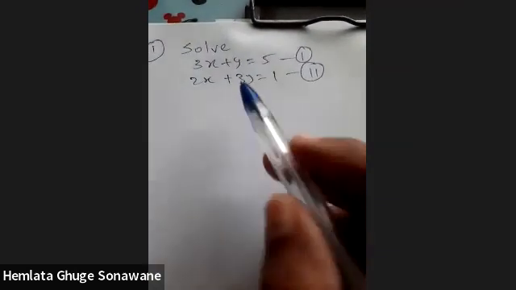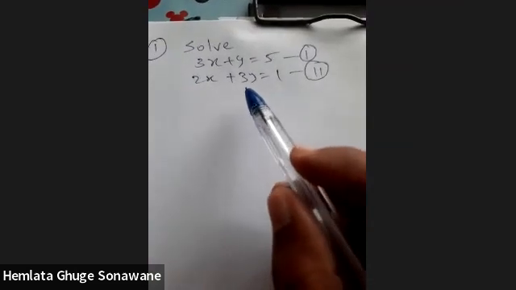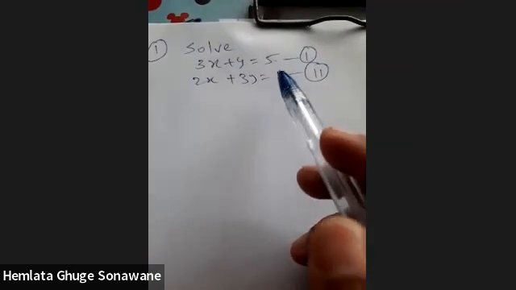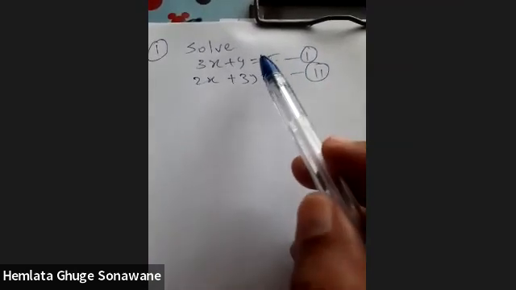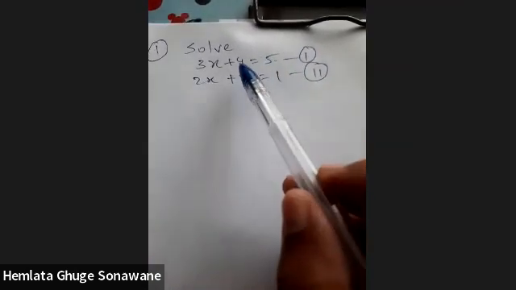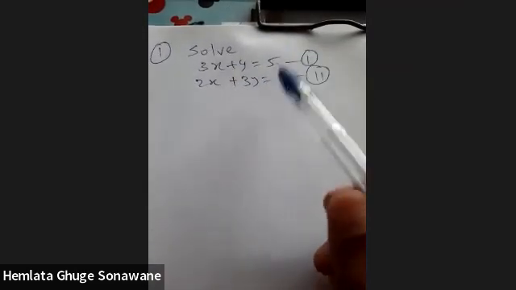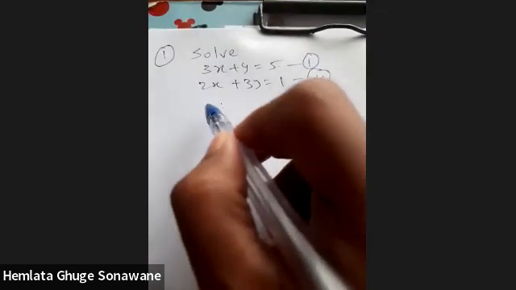Okay. Now we'll multiply equation 1 by 3, because we have to get one variable so that we can eliminate that.